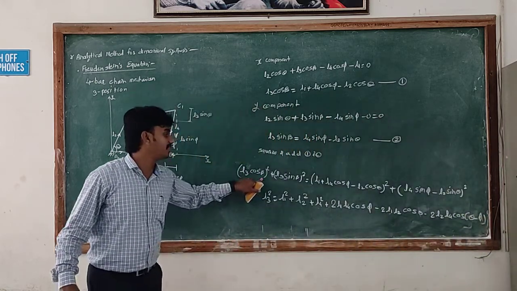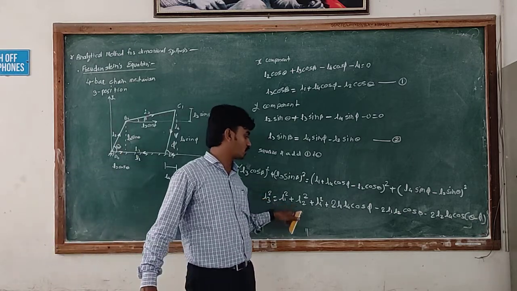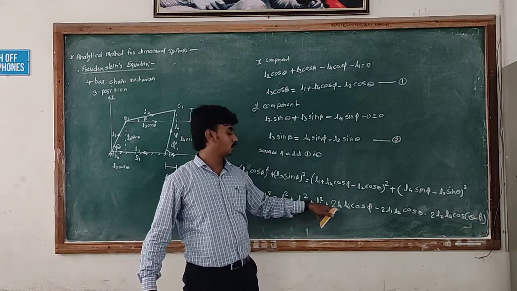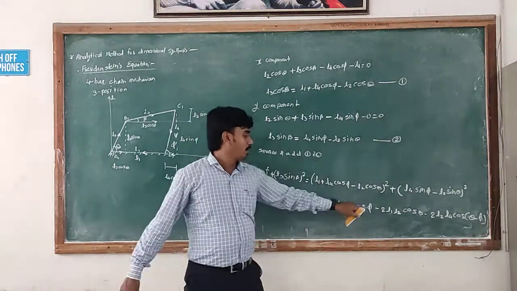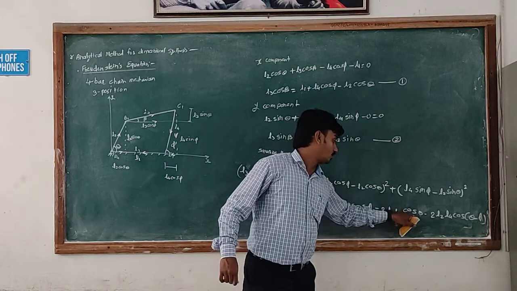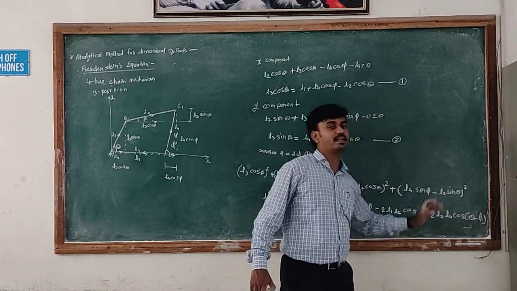If we simplify this equation, we will get L3 square equal to L1 square plus L2 square plus L4 square plus 2 L1 L4 cos of phi minus 2 L1 L2 cos of theta minus 2 L2 L4 cos of theta minus phi.